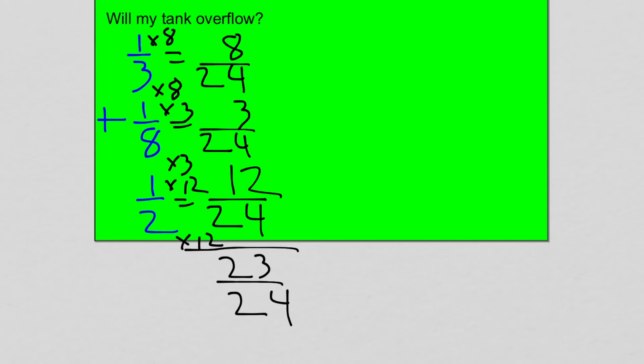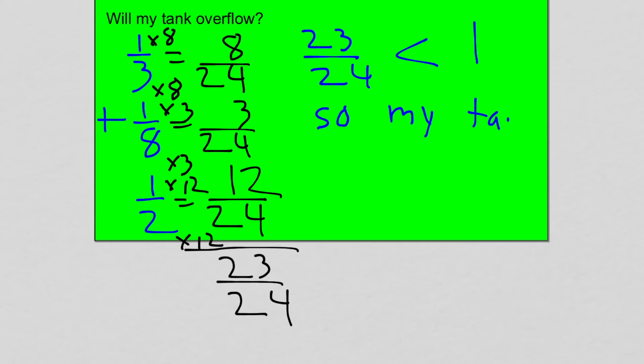I filled my tank up. It didn't overflow because it's below 1 whole. I should make that clear in the answer. I should say 23 over 24 is less than 1 whole. So my tank will not overflow.